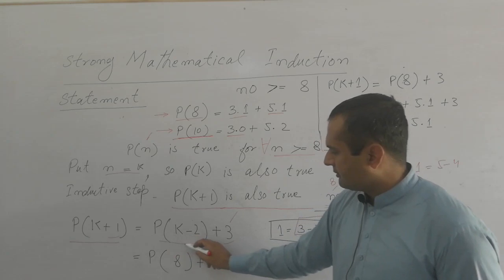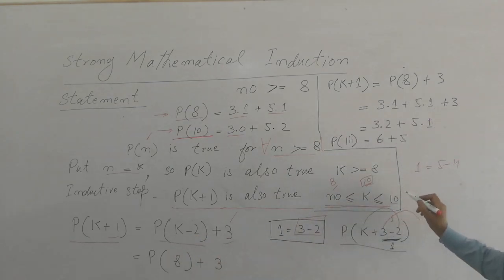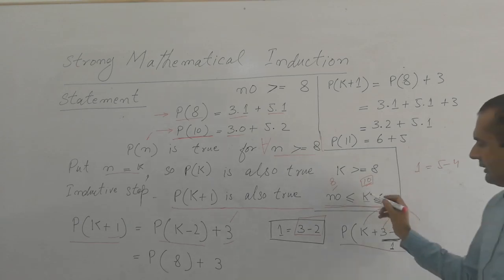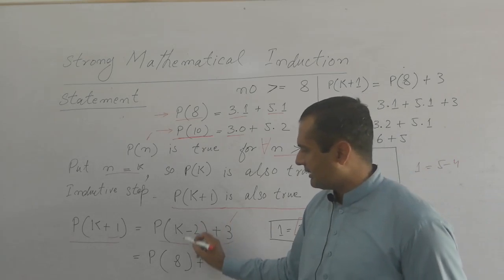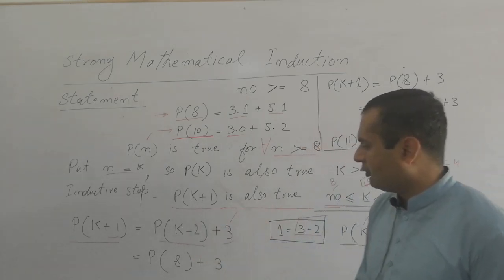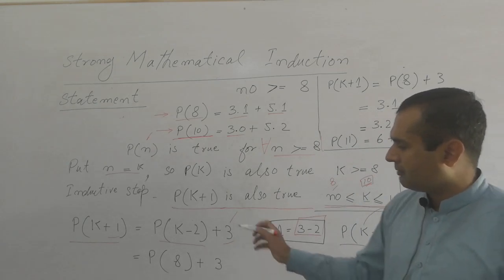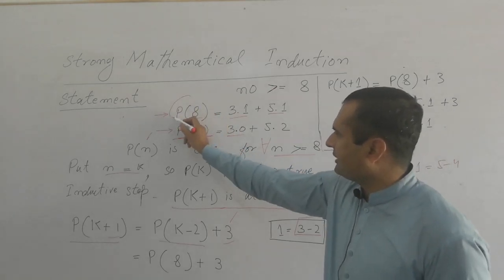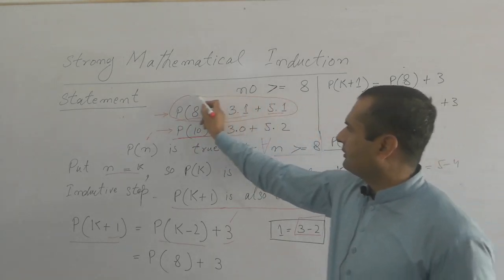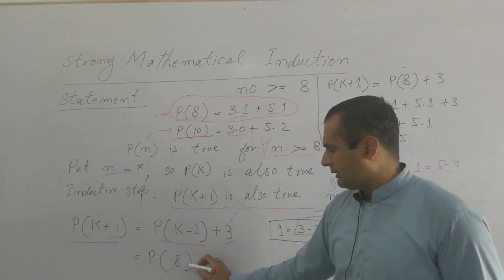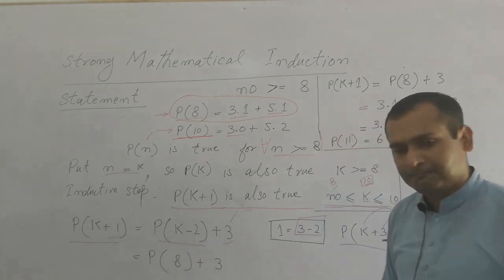I know that I have given this condition that k must be at least 10. So here k is 10. So if we do minus 2 from 10, it will be 8, and we have P of 8 already solved.